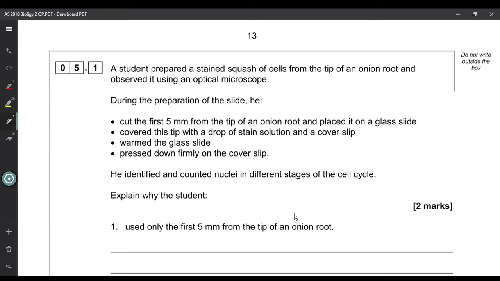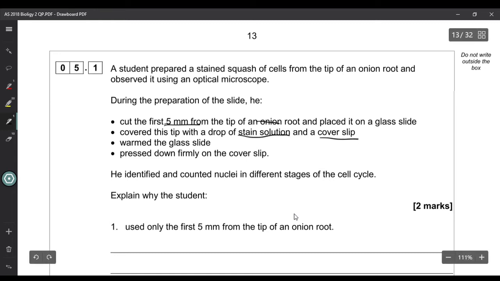So question 5 tells us how a student prepared a stained squash of some cells from a tip of an onion root and observed it in an optical microscope. So it says during the preparation of the slide he cut the first 5 millimeters of the tip of an onion root and placed it on a glass slide, then covered the tip with a drop of stain solution and a cover slip.